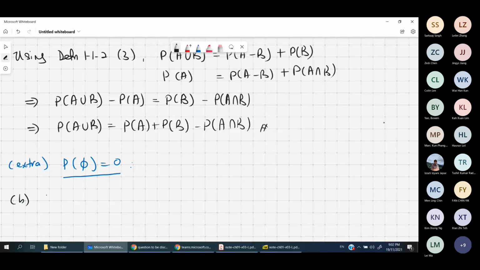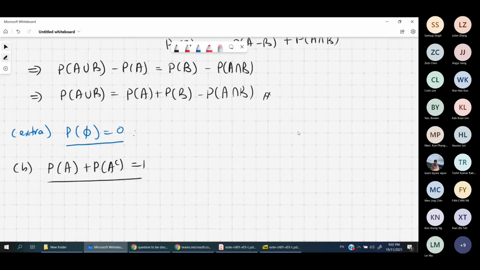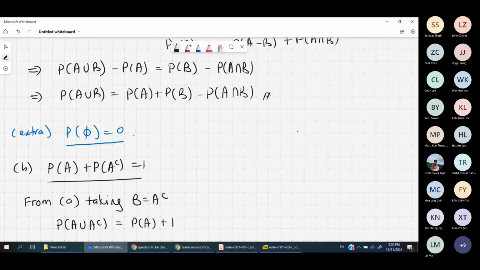Okay, so for this one, I want to prove P(A) plus P(AC) is equal to 1, right? So we are taking B to be A complement, from part A. So we can have P(A or AC) is equal to P(A) plus P(AC) minus P(A and AC).